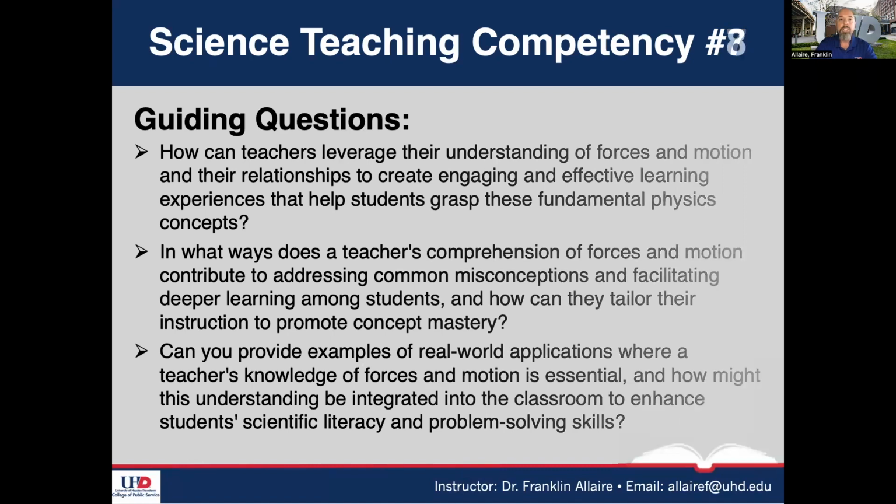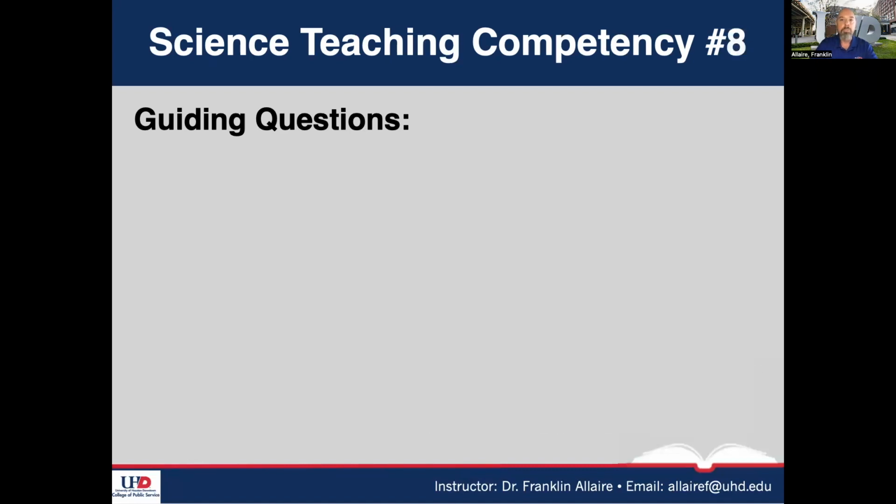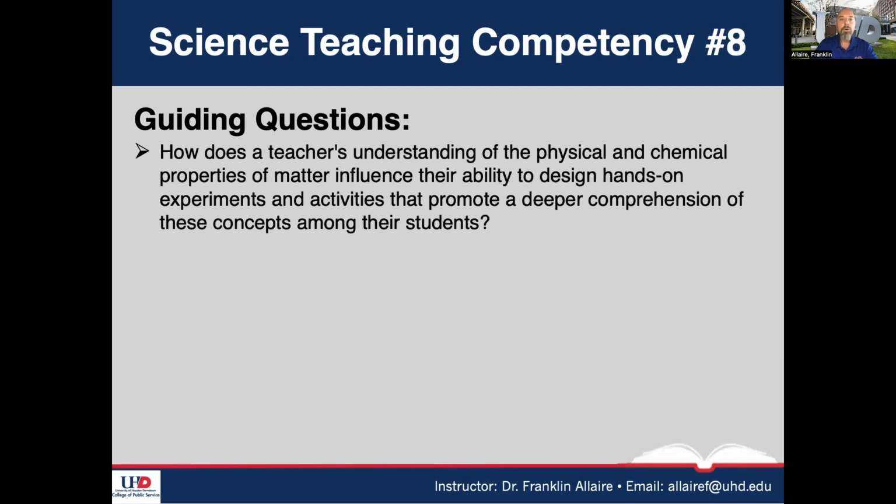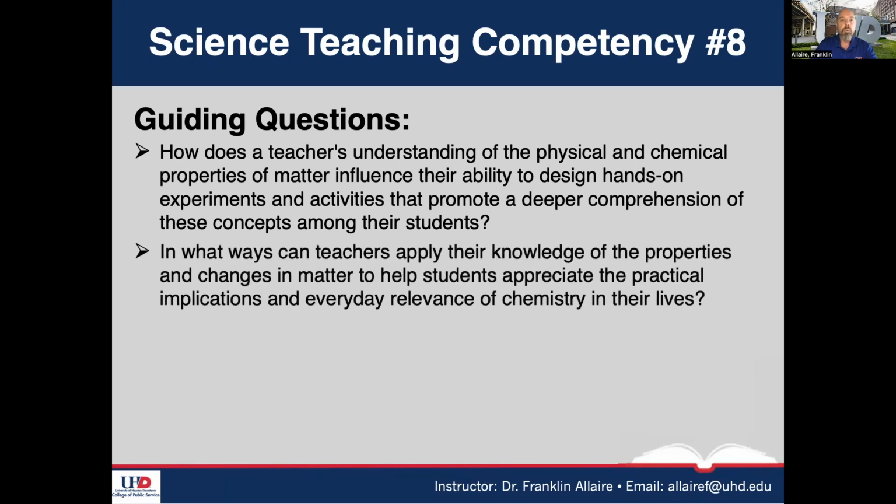The guiding questions for science teaching competency number 8 are: how does a teacher's understanding of the physical and chemical properties of matter influence their ability to design hands-on experiments and activities that promote a deeper comprehension of these concepts among their students? In what ways can teachers apply their knowledge of the properties and changes in matter to help students appreciate the practical implications and everyday relevance of chemistry in their lives?